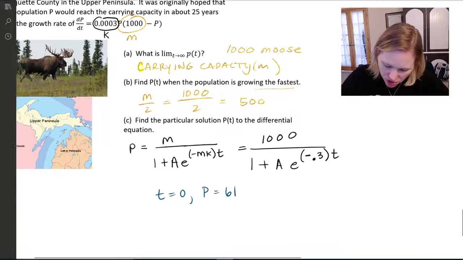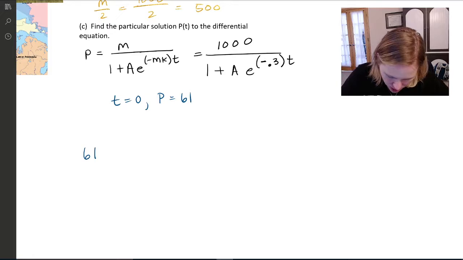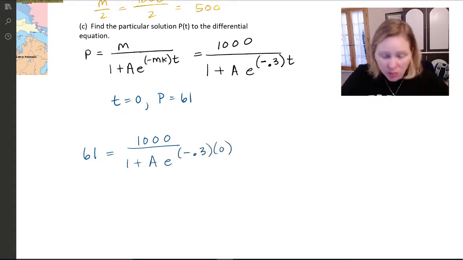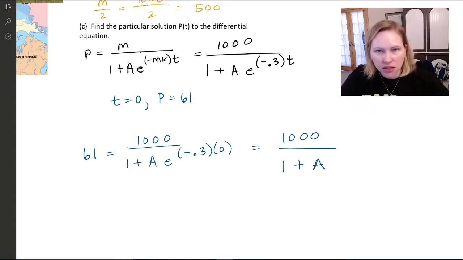So now I'm going to use that and solve for A. Here's what it's going to look like. 61 equals 1,000 over 1 plus A e to the negative 0.3 times 0. Okay, e to the 0 is 1. I like it. That's going to be 1,000 over 1 plus A.